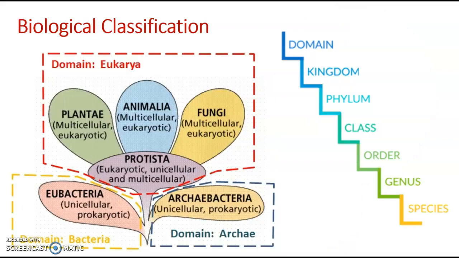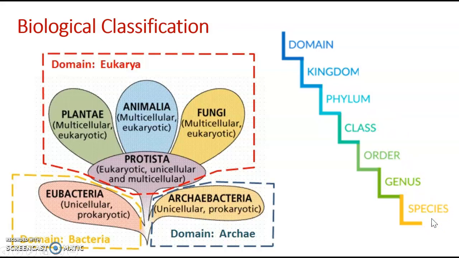As you work down into classifying organisms that are more closely related, it follows a predictable pattern. Domain, all of the cells are the same. Kingdom, phylum, class, order, genus, species.